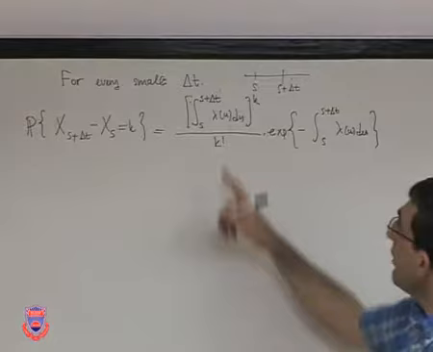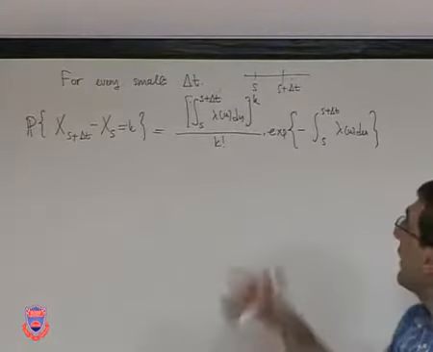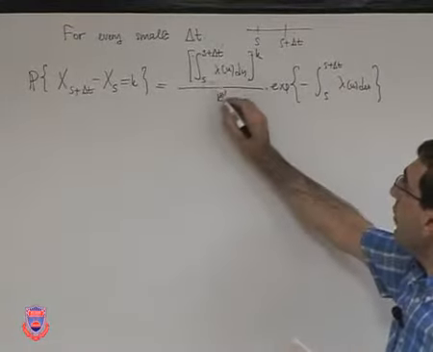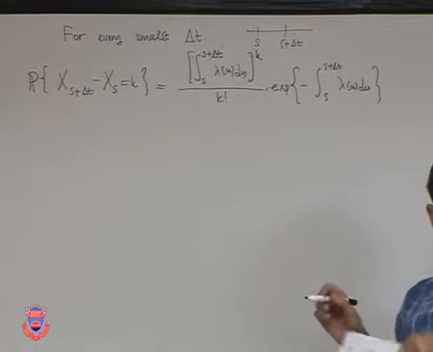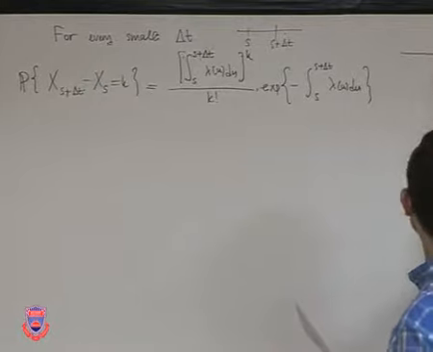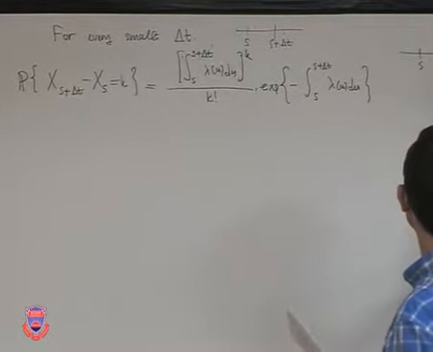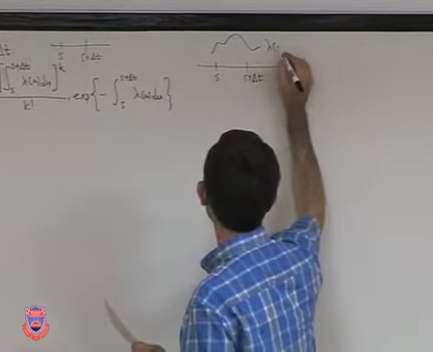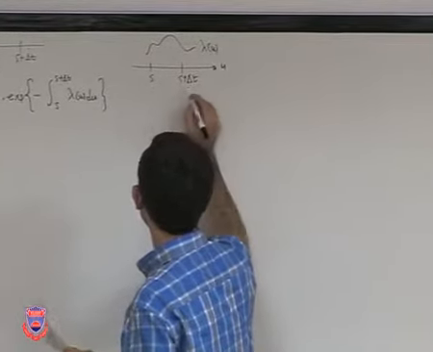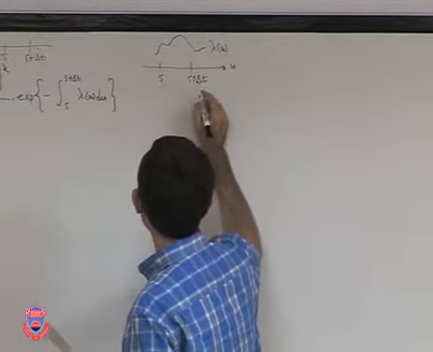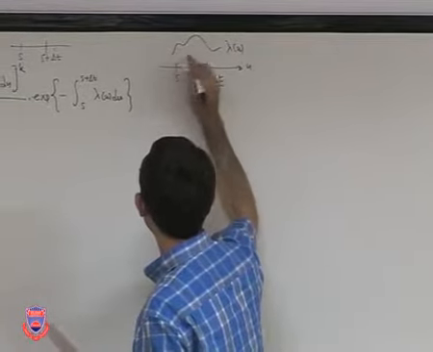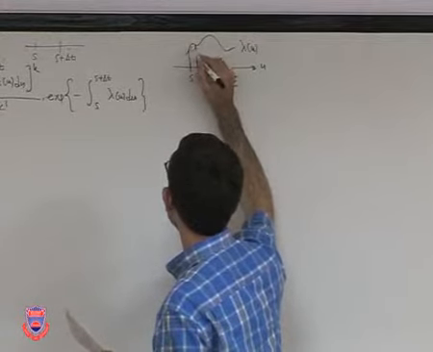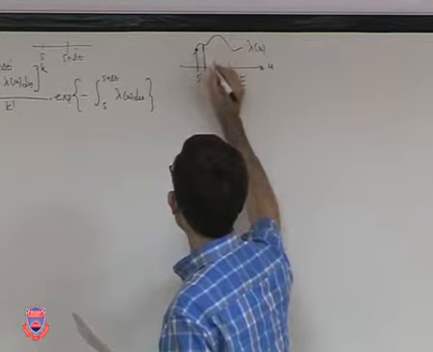Now, if delta t is small, then we can approximate this integral by the value of lambda at time s times delta t. Over the same interval from s to s plus delta t, we are given a function lambda u. If delta t is small, perhaps we are in this range, and then we can just take the value at s.